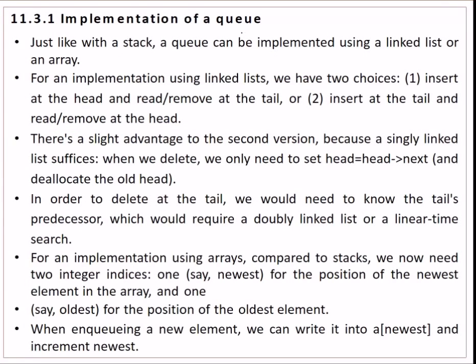So for the implementation of a queue, just like a stack, a queue can be implemented using a linked list or an array. For implementation using a linked list, we have two choices.